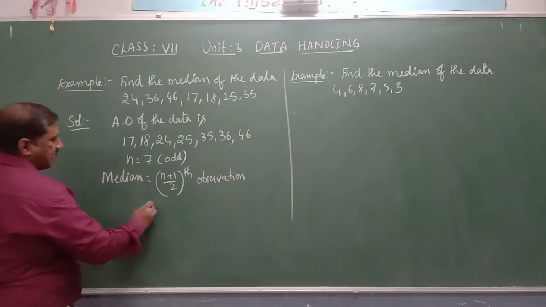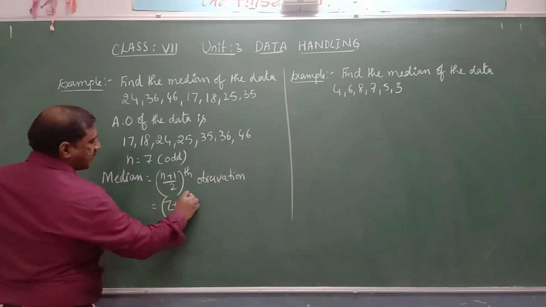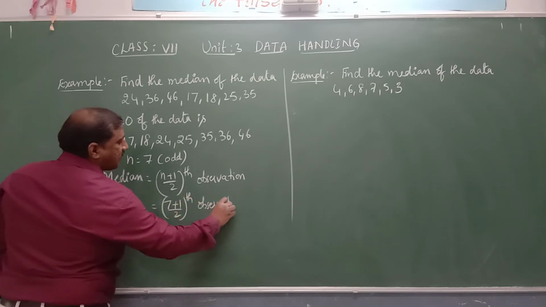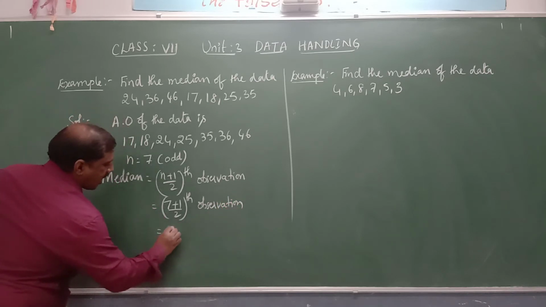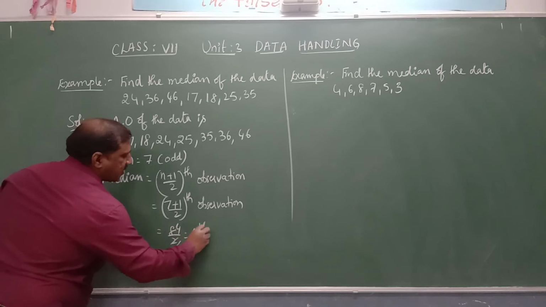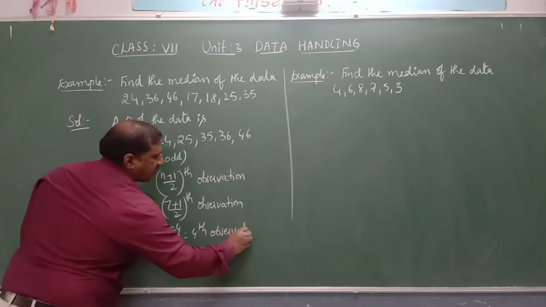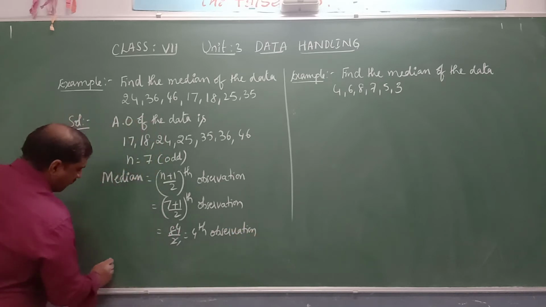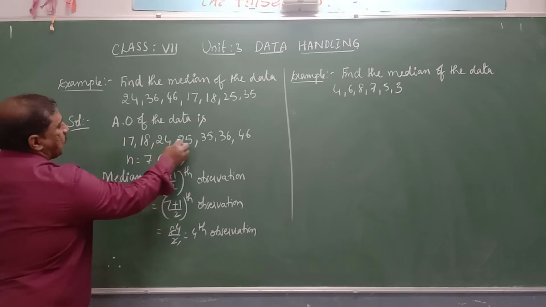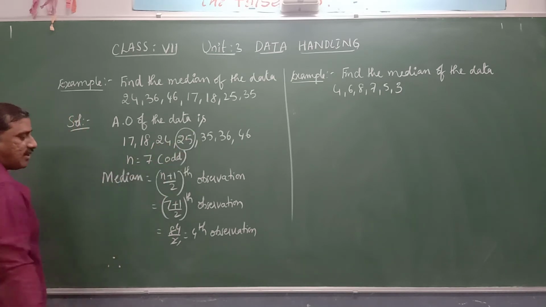Therefore it is (7 plus 1) by 2th observation. 7 plus 1 is 8, 8 by 2, that is the 4th observation. So which is the 4th observation? 1, 2, 3, 4. 25 is the 4th observation and 25 will be the middlemost.